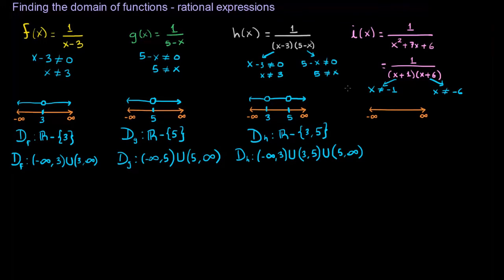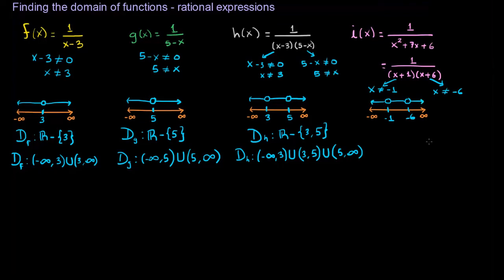So again, you place -1 and -6 on the line here. You do not include these values, and the rest of them are indeed included. Just like this.